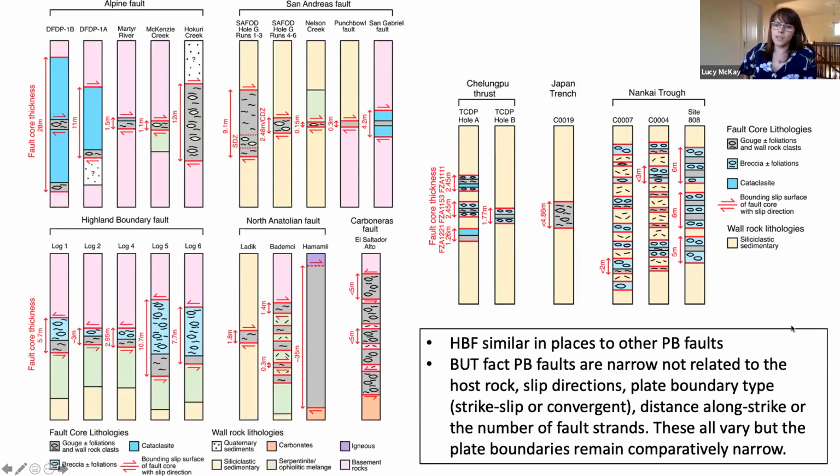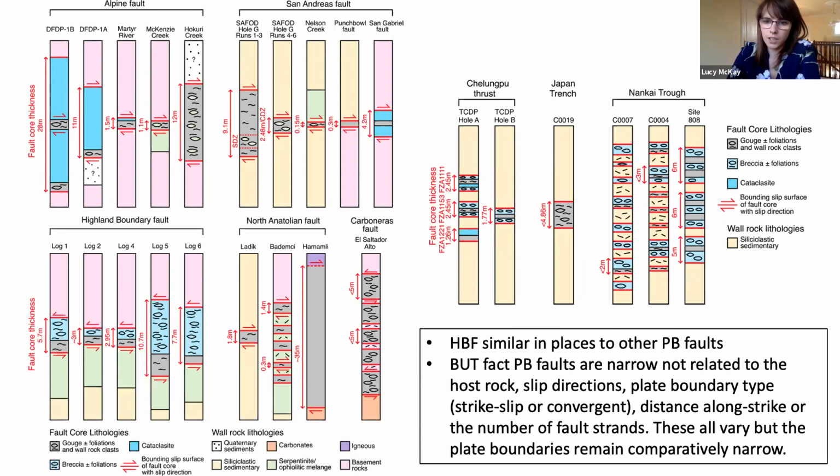And in order to test whether this was related to their structure, I then compiled schematic structural logs like I did for the Highland Boundary Fault. So these are my logs down here, which I just showed you. So I compiled them for all the other faults that I could. And in places, the Highland Boundary Fault is similar to other plate boundary faults.